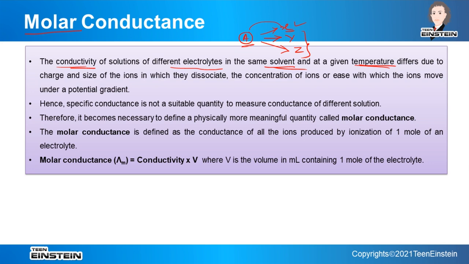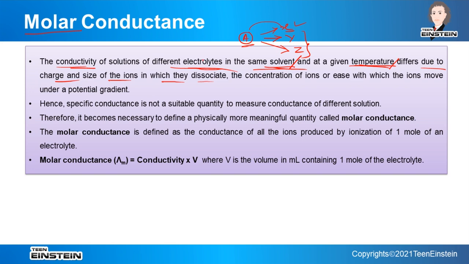Okay, so that is why, as conductivity is dependent on so many things, solvent, nature of electrolyte, temperature, now we are comparing the different electrolytes. So obviously we have to fix the solvent, we have to fix the temperature. Okay, so conductivity of solutions of different electrolytes with fixed solvent and fixed temperature will differ because of the charge and size of the ions in which they dissociate.